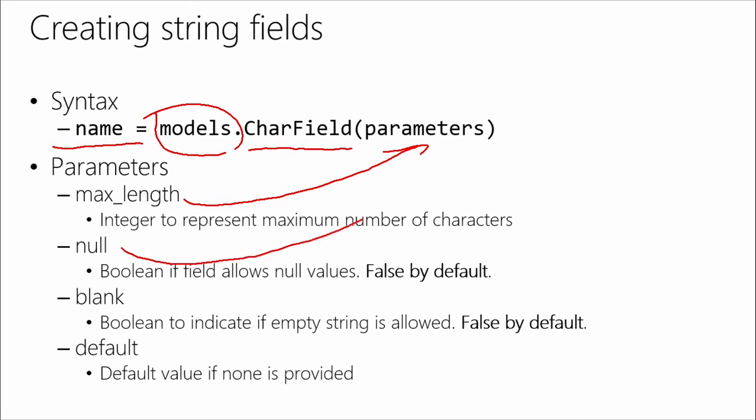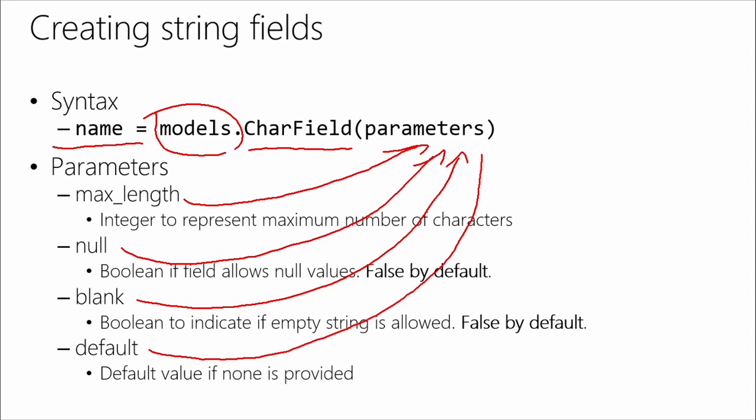We can specify whether or not it's allowed to hold null values, whether or not it's allowed to hold blank values, and a default value if there's none provided for that column. Sometimes you might have a field such as salary, which defaults to 0. So these are all examples of parameters you can specify for this field.